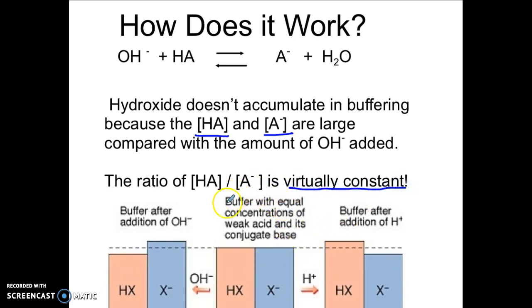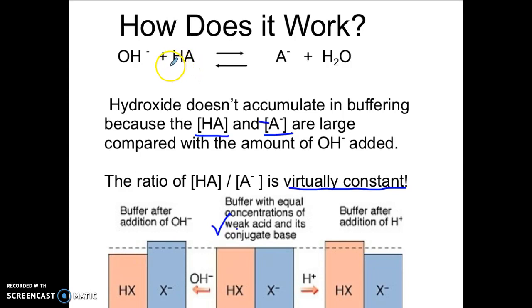And as you can see right here, we have a buffer with equal concentrations of weak acid and its conjugate base. So we have equal concentrations of my acid HX and its conjugate base, the X minus anion, okay? I know I have X below, and up here I have the acid represented as HA, but you should recognize that those mean the same thing.